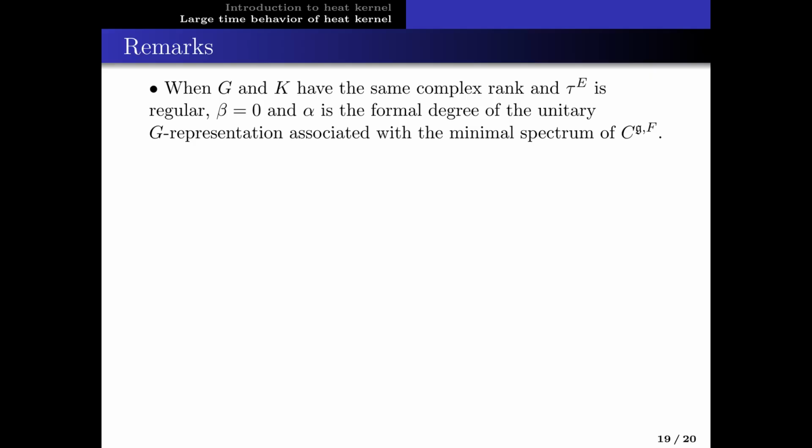So here, as I mentioned, when G and K have the same rank, tau is regular, or beta is 0, and in this case the number alpha is what Harish-Chandra computed, the formal degree of the representation associated to the discrete series representation of G. So what is alpha?